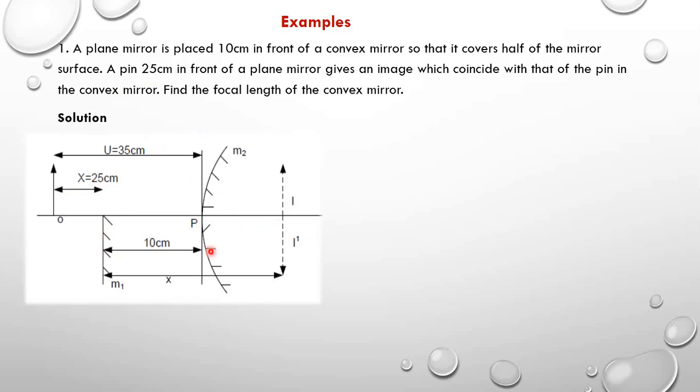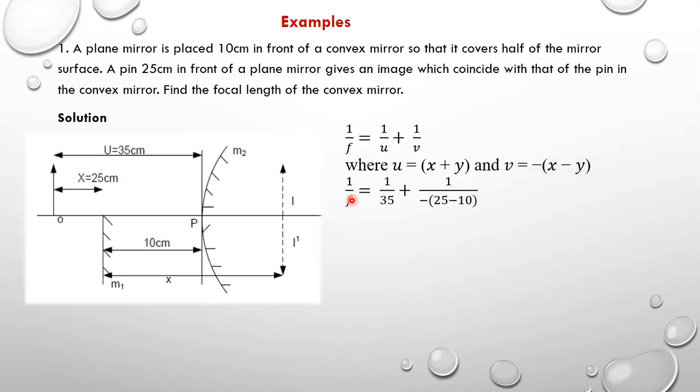And so we need v. If this is 25, then this x is also 25. So if I want to get this distance, which is actually the negative v here, it is going to be negative of brackets 25 minus 10. Then we shall use the mirror formula, where u is x plus y and v is negative x minus y.